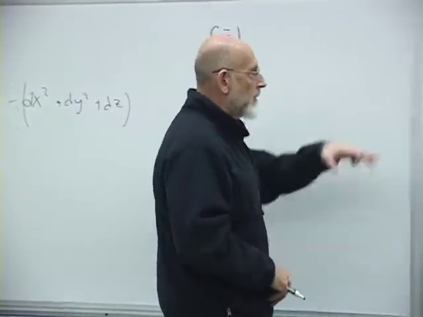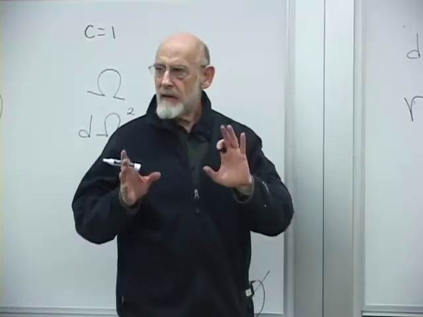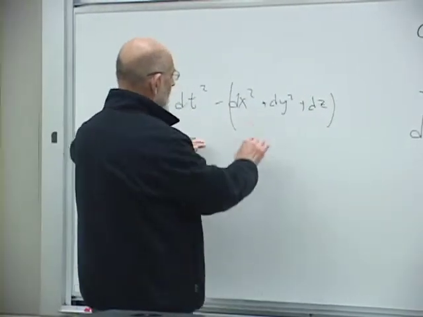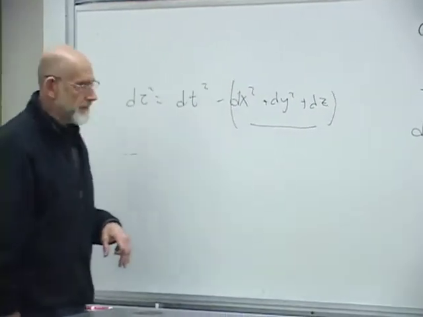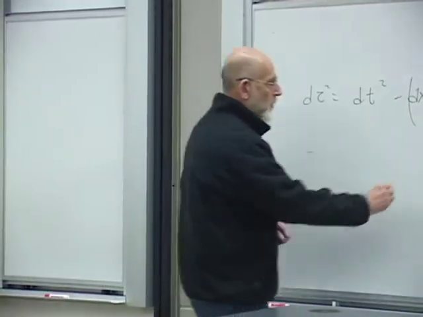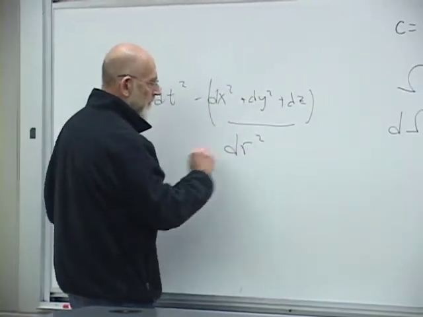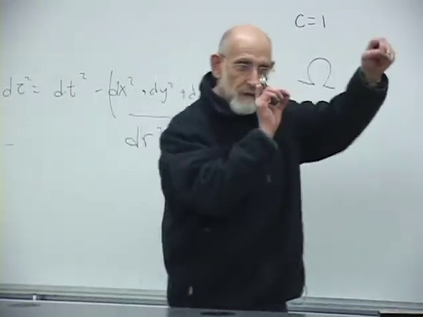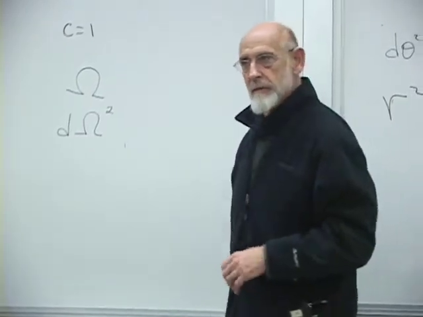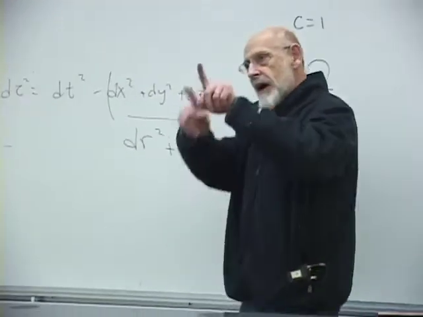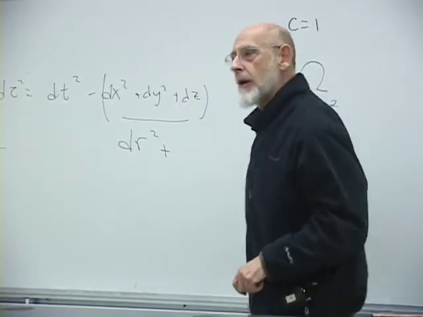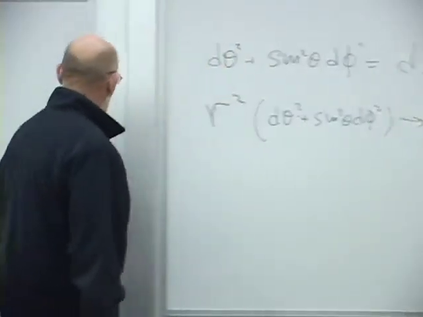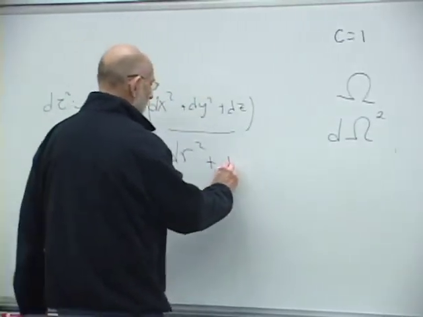In ordinary flat conventional space, in polar coordinates, it is dr squared, the difference in radial distance, plus a contribution coming from the distance in angular space, and that's just r squared d omega squared.